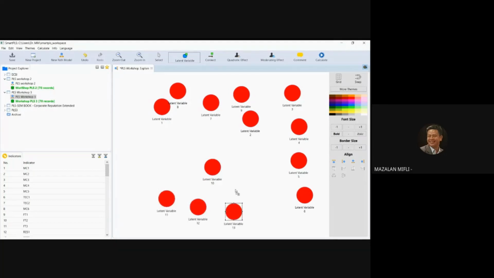Then we are done. I'm going to select this and arrange it a little bit so it will not look messy.